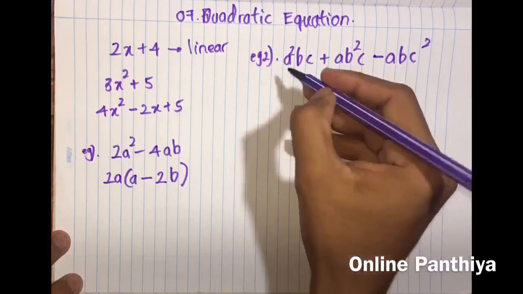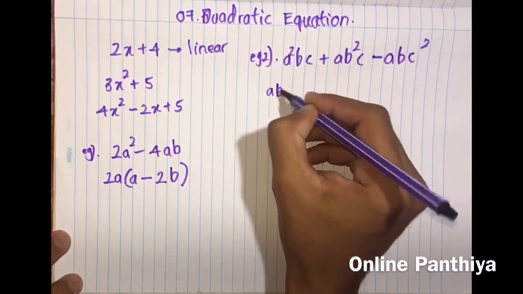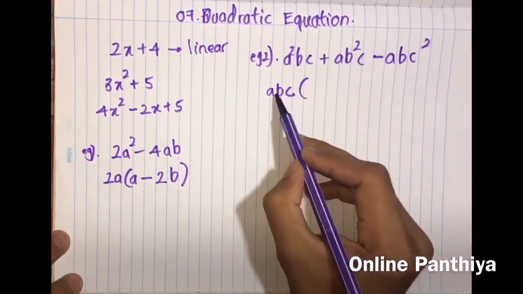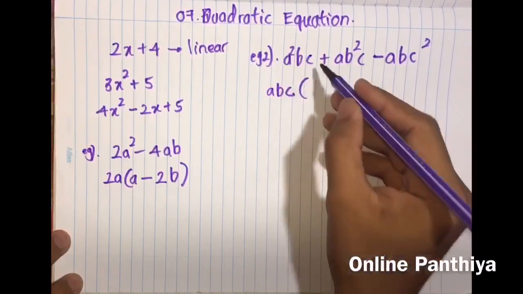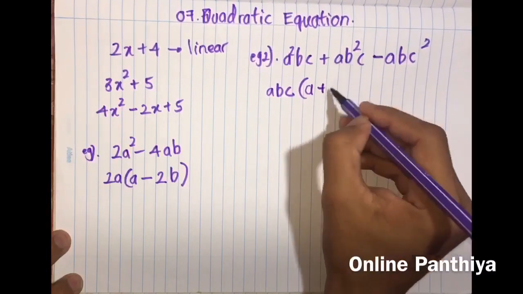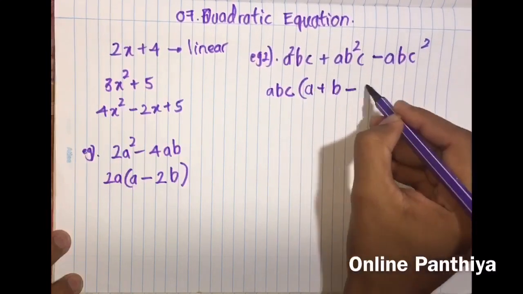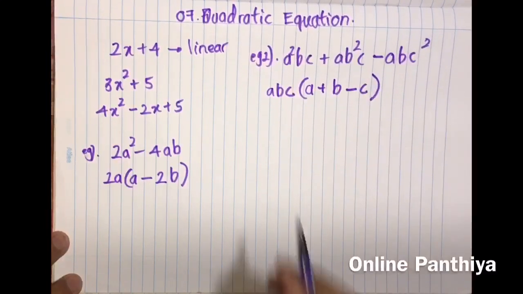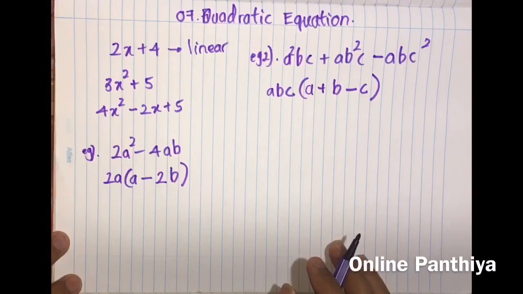Understand? So I'll take abc out. If I take abc out, what is left here? After taking abc, you have only a left here. Here b is left, and here c is left. That's all you can do in factorizing. Is that clear? Yes. And one more example.